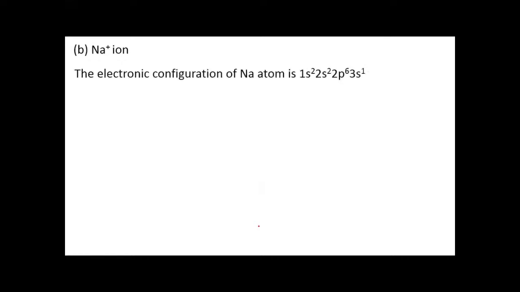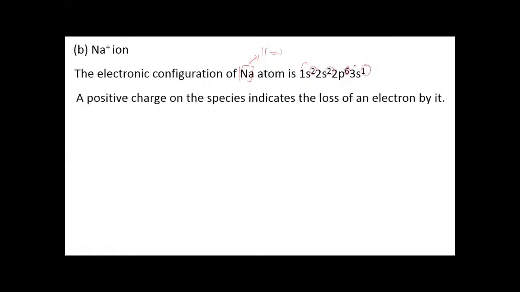Okay, now Na plus. The electronic configuration of sodium, atomic number 11, is 1s2, 2s2, 2p6, 3s1. A positive charge on the species indicates the loss of an electron by it. So we subtract one electron.